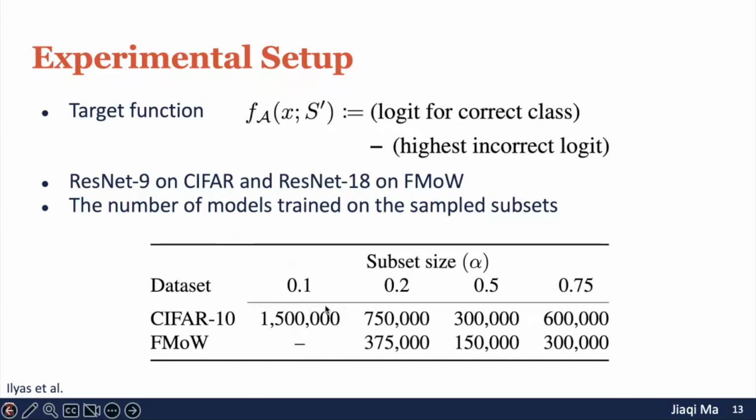So in this case, it means we'll sample subsets that are 10% of the whole training set. One thing to note is that these numbers are not enumerating all the possible subsets of this alpha size. But it does require a large number of sampled subsets and model retrainings to estimate the G function well.